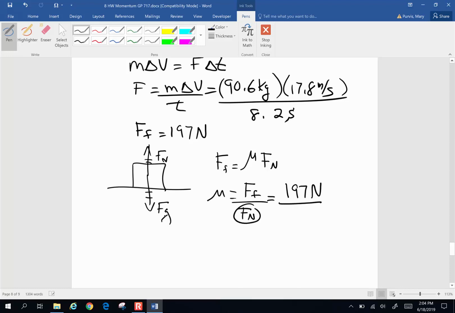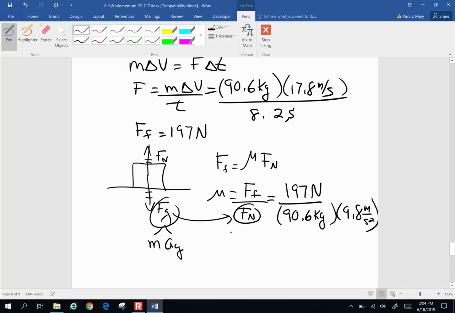The normal force equals the force of gravity, which is mass times acceleration of gravity. The mass of the package is 90.6 kilograms, and the acceleration of gravity is 9.8 meters per second squared. So mu is 197 divided by 90.6 divided by 9.8, and I get a coefficient of friction of 0.222. There we go. All right, we will see you later.